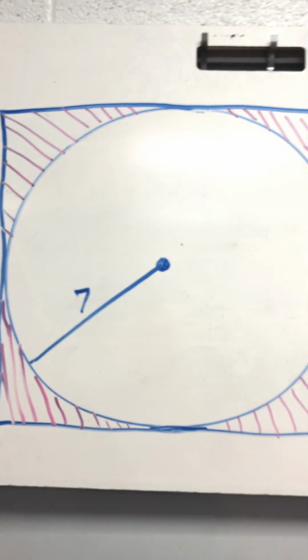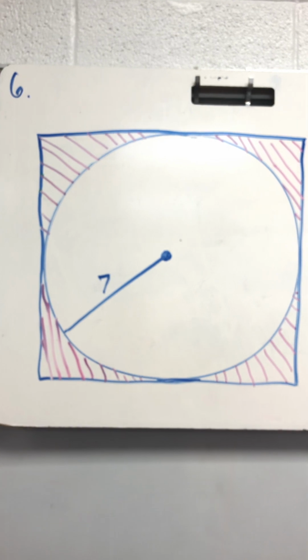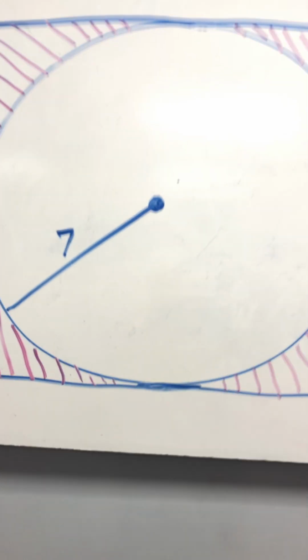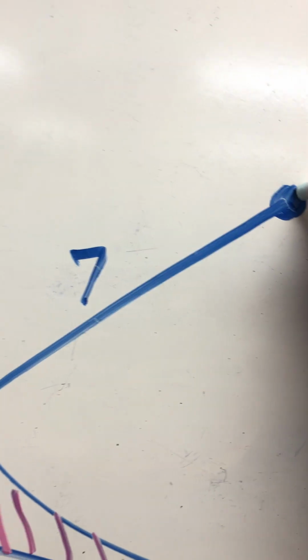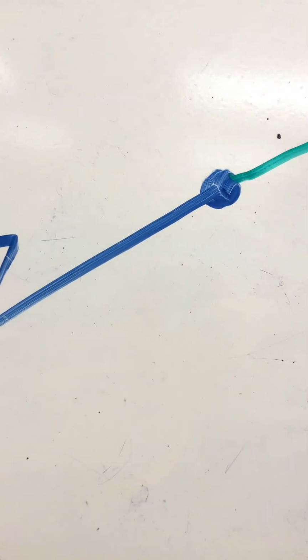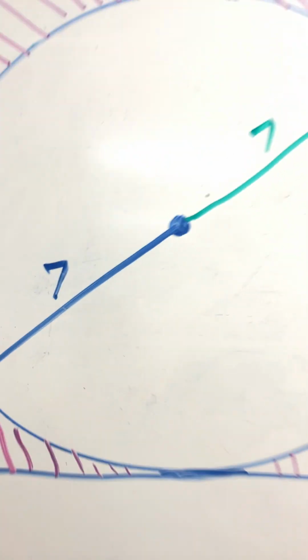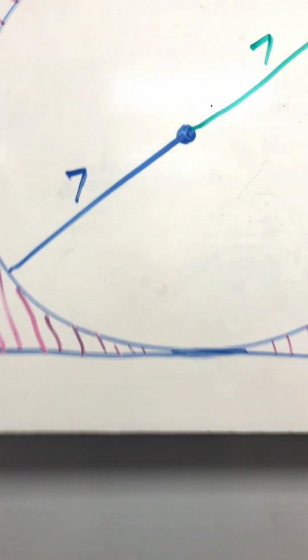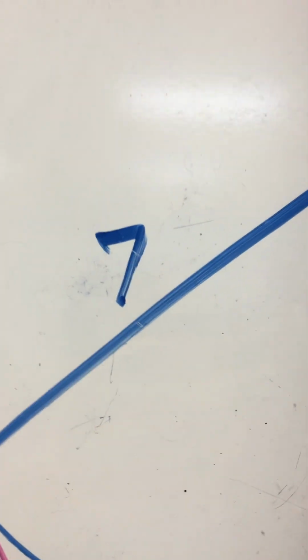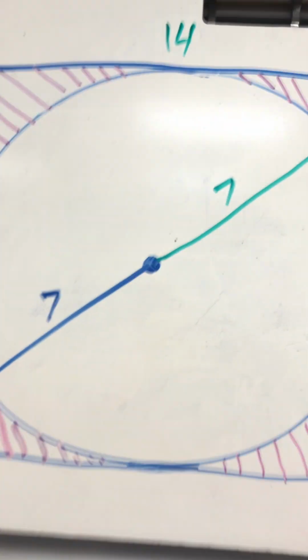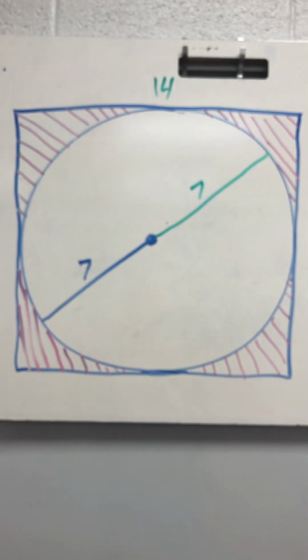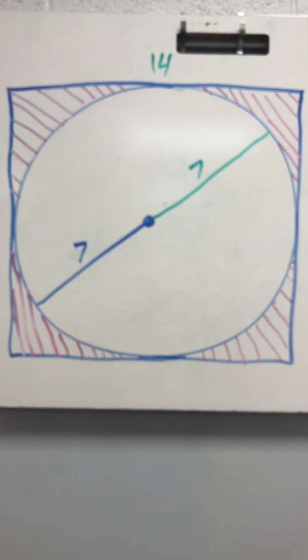Now look at this problem. This one just gives me the radius of the circle. Well, if the radius of the circle is 7, then isn't this guy here 7? And what's 7 plus 7? 14, right? So doesn't that mean that the length of one side is 14? So we're going to do 14 squared minus pi times 7 squared.